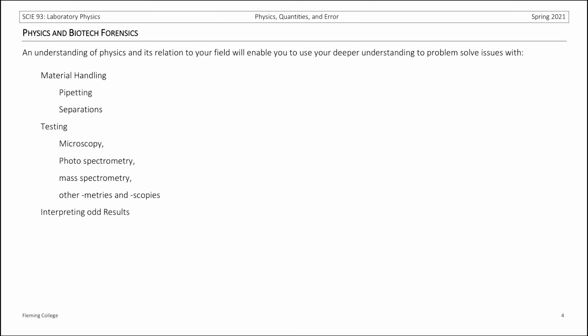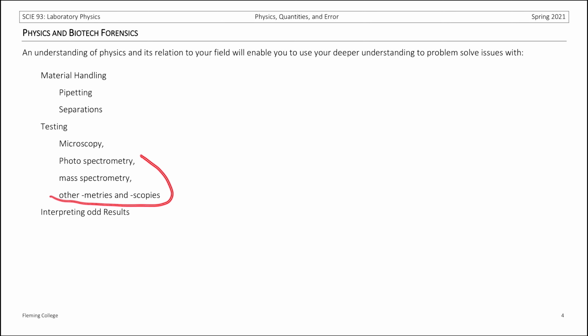Let's think about what physics means directly to your program. So biotech forensics. An understanding of physics and its relation to your field will enable you to use your deeper knowledge to problem solve multiple issues. Now, this could be issues that come up with material handling, like your pipetting and your separations. This can be problem solving issues with some of the tests you run.